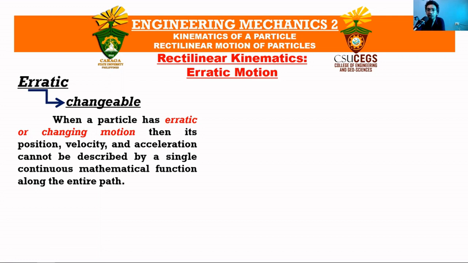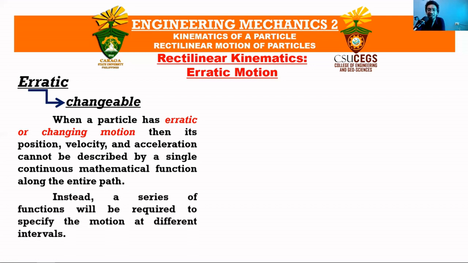What we had discussed on the continuous motion is described only by a single continuous mathematical function. But if you encounter a particle that is described by more than two mathematical functions along the entire path, therefore, that motion is what we call an erratic or changing motion.